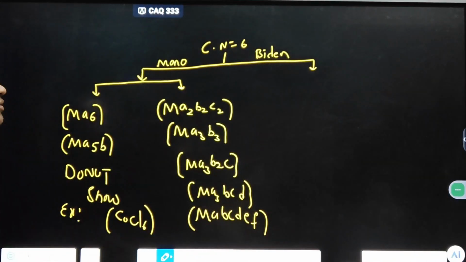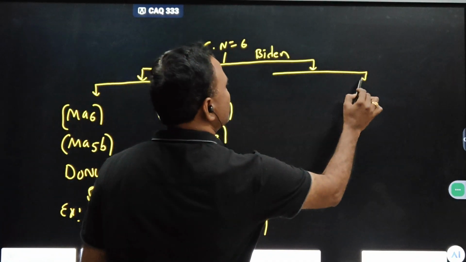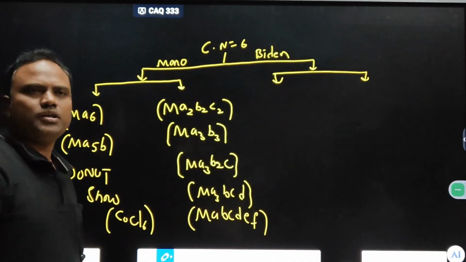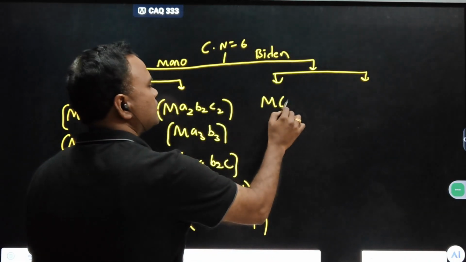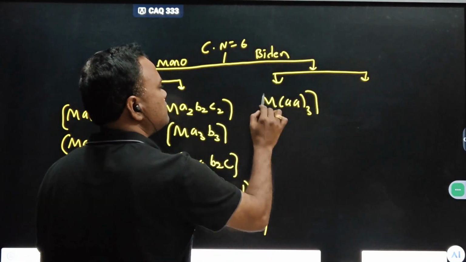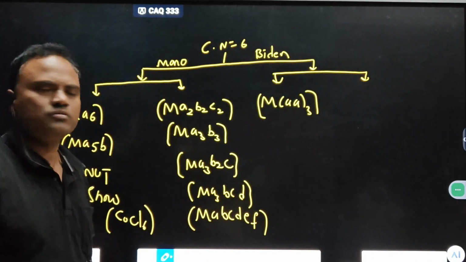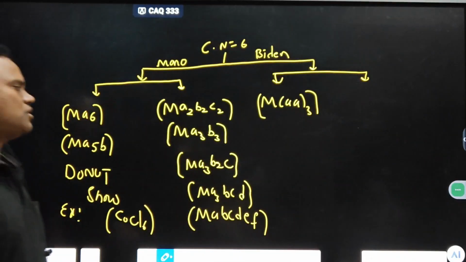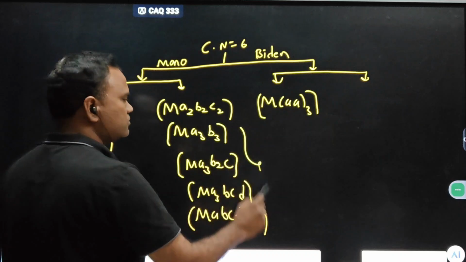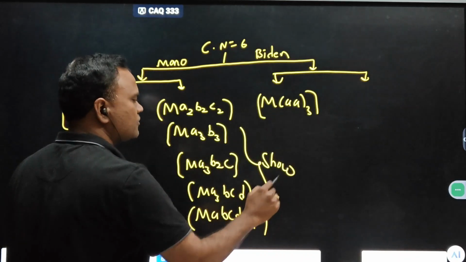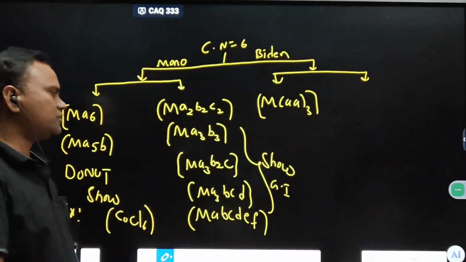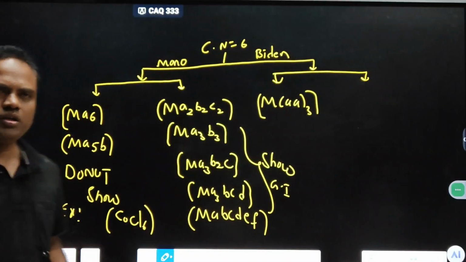Bidentate do not show category. What is the MA3 format? MA3, MAA taken thrice, do not show. Plus or minus and charge is common, but I am not writing. Do not show. Then you can write it shows. Whenever you observe MA3B3 type, MA2B2C2 type, MA3B2C, do one thing.